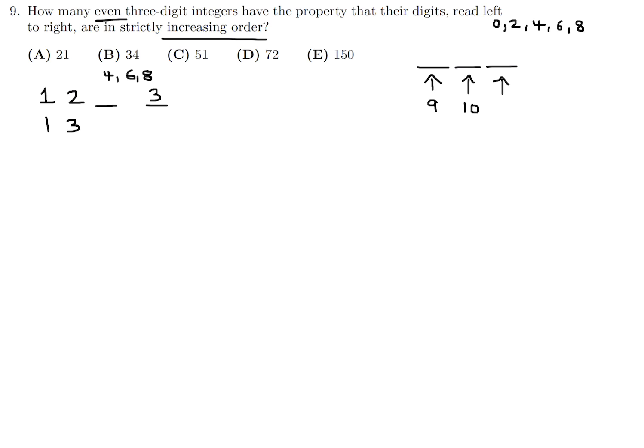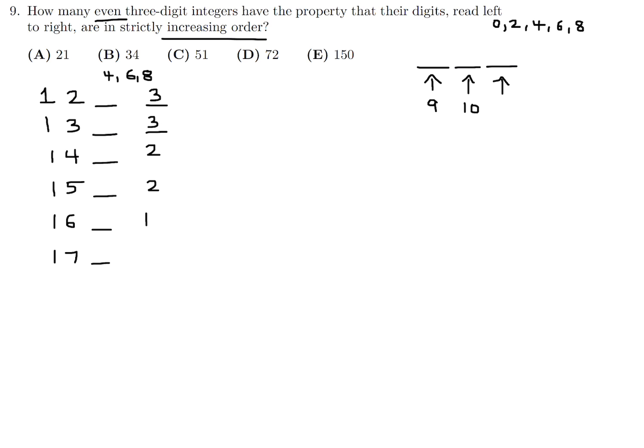Continuing, 1, 3, again, I can put either a 4, 6, or 8, so 3 choices there. 1, 4, that would mean only 6 or 8 can be placed in that third digit, so that's 2 possible choices. 1, 5, again, I can put either the 6 or 8. 1, 6, I can now only put the 8, so I've got 1 choice.